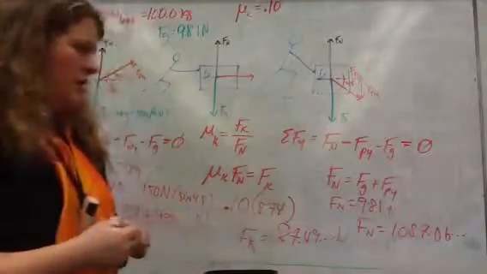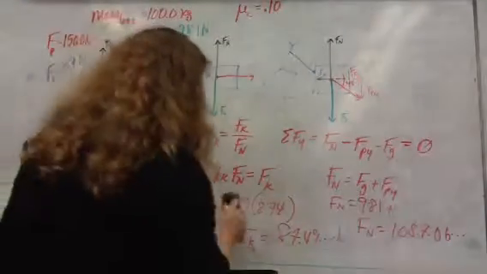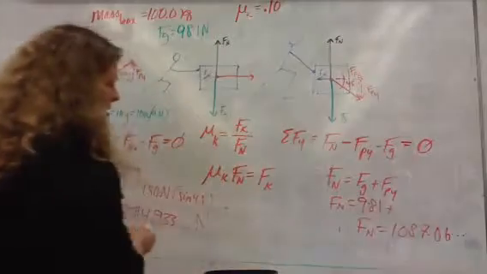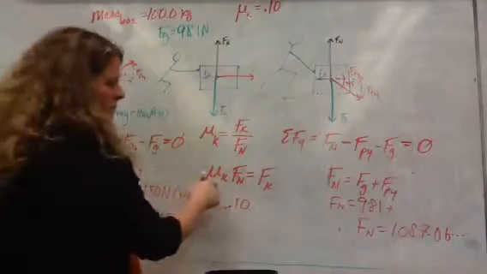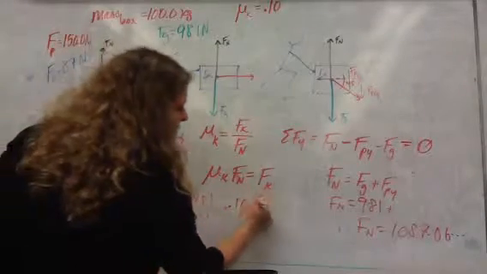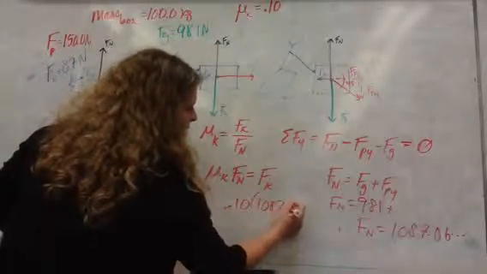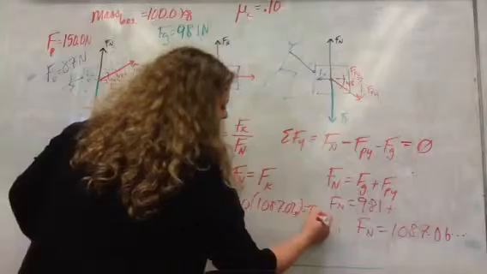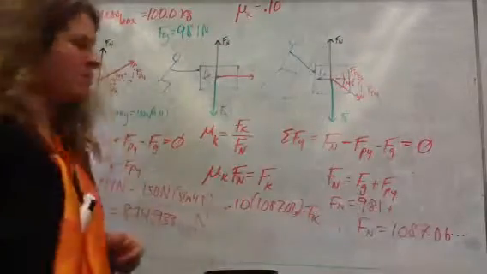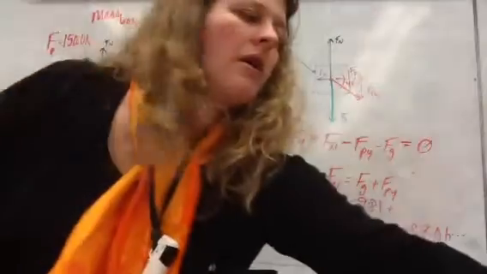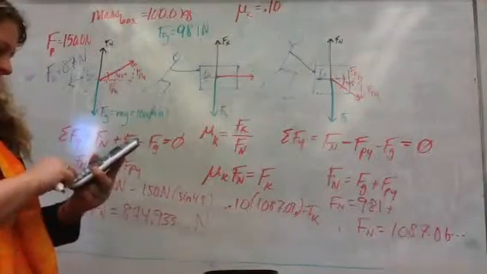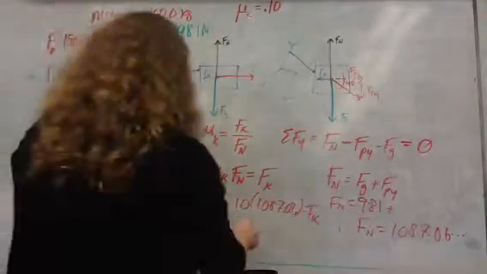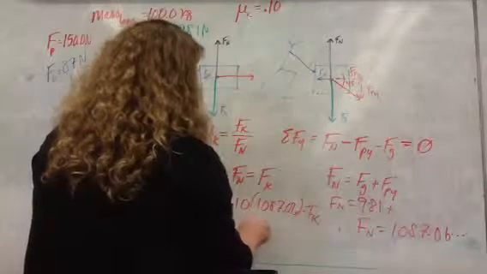And over here, we plug these numbers back in. So we have our 0.10 for our coefficient of kinetic friction times our 1087.06. Our force of kinetic friction here is 109 newtons.